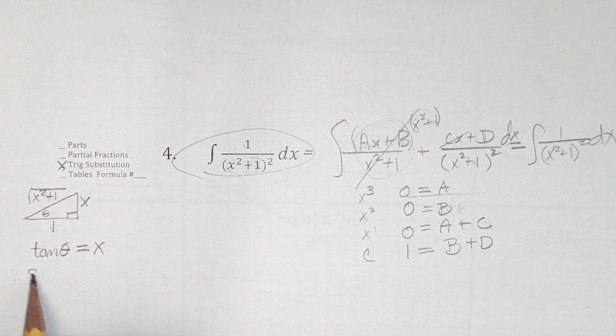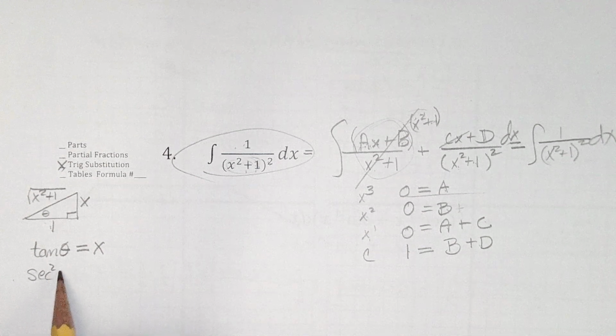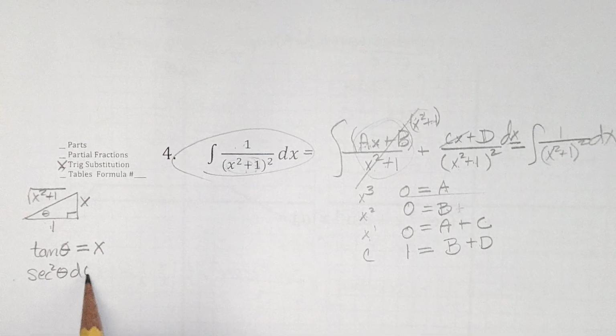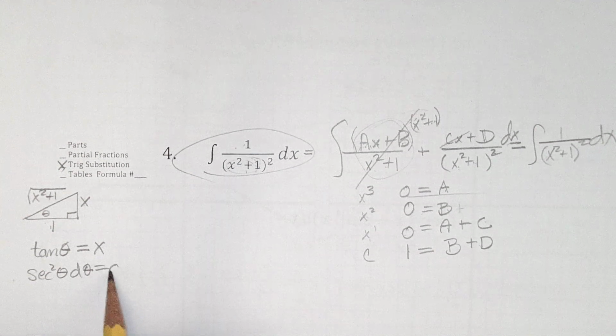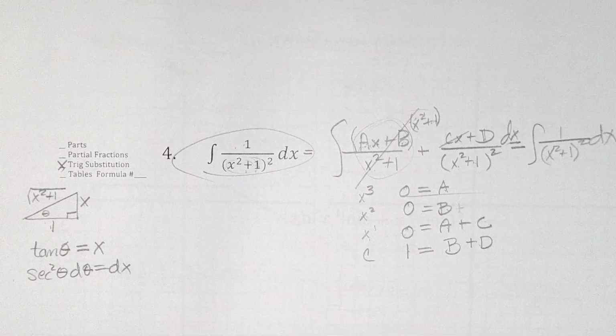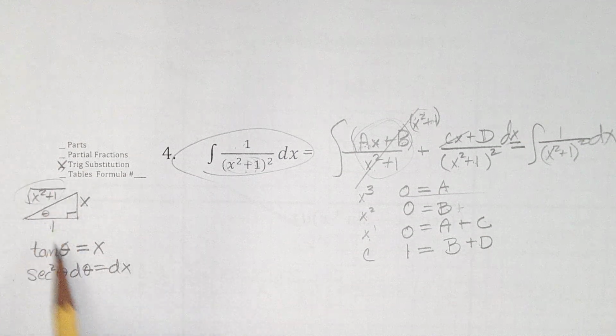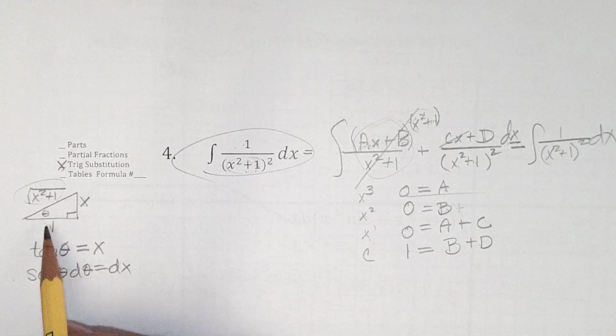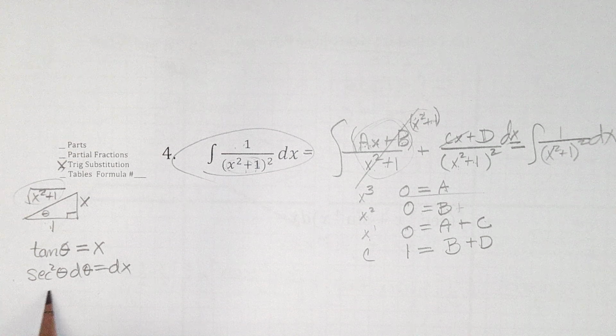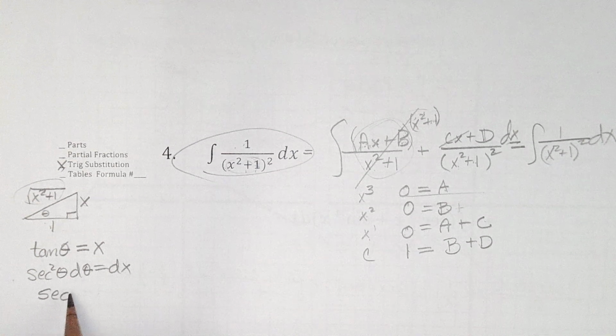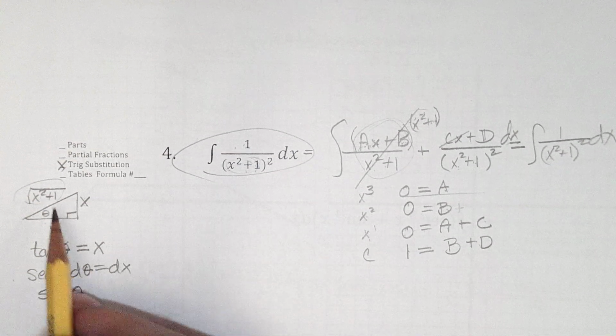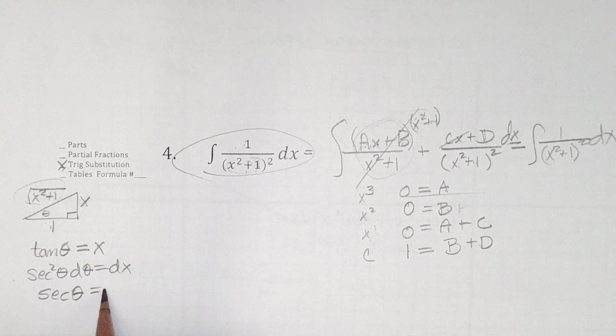Taking the derivative, we get secant squared theta d theta equals dx. And we need something for this, and so that over 1 is the secant theta.